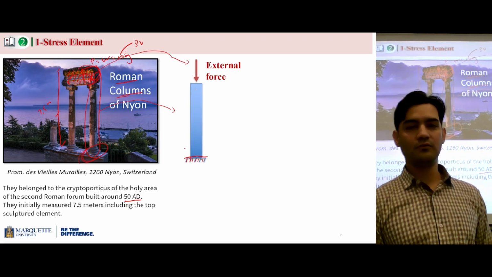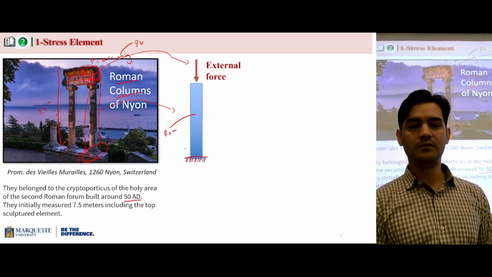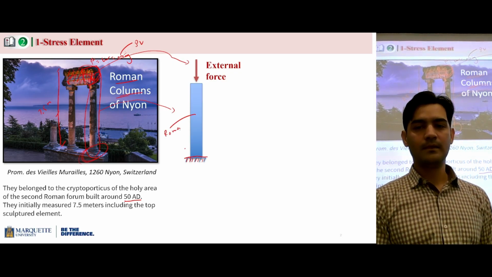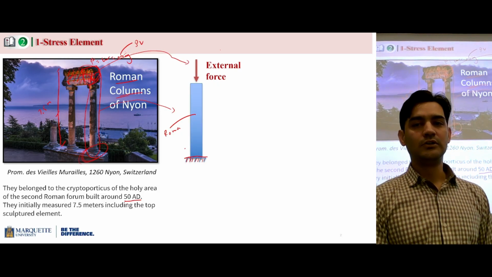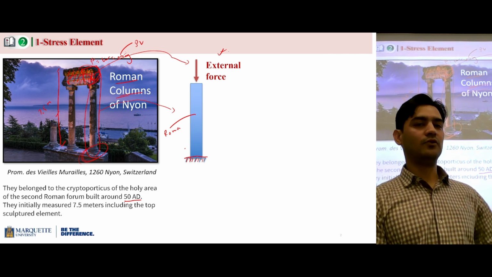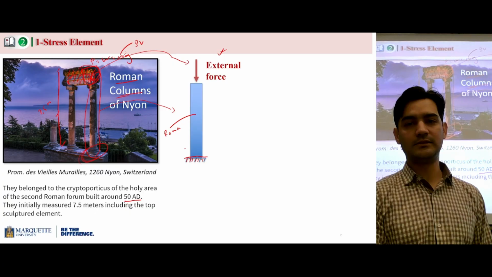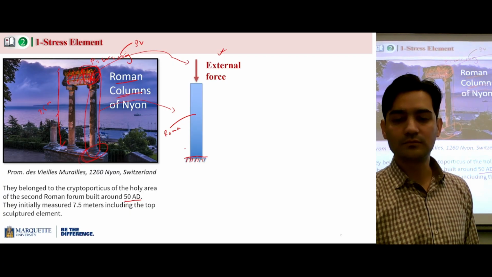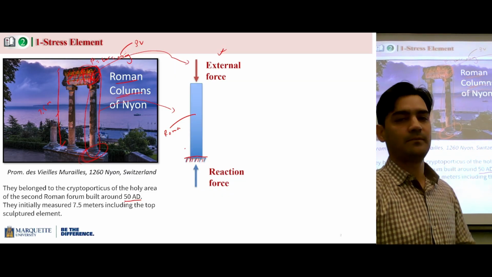So we know this is a Roman column, and we have done the idealization of this Roman column. We can calculate the external force by calculating the weight of this limestone. By equilibrium equations, we can also calculate the reactions.